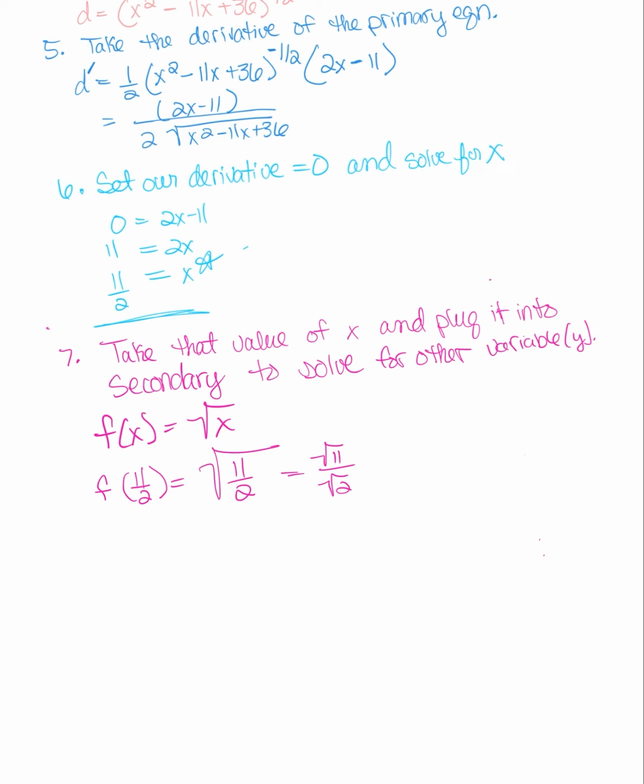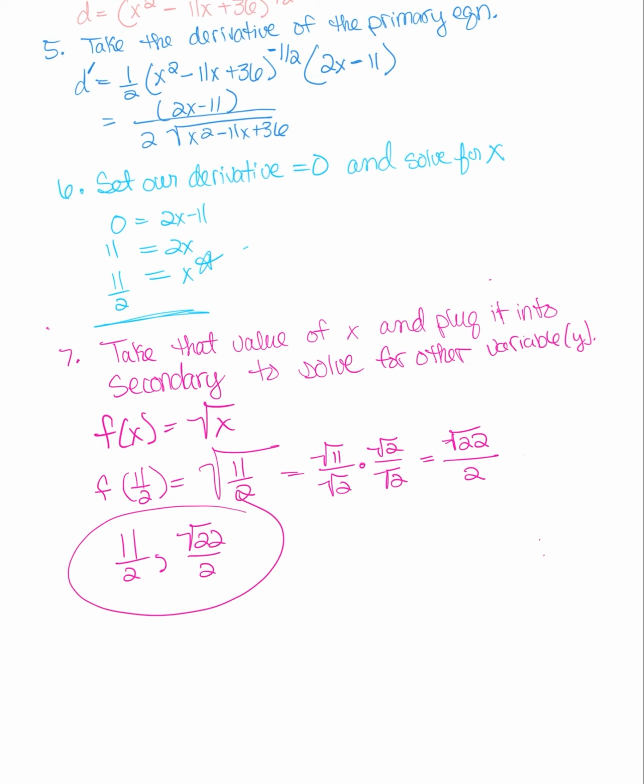But you can rationalize this by just saying square root of 2 over square root of 2, which is the same as multiplying by 1, so it doesn't change anything, just makes someone else happy. And then you have square root of 22 over 2. So our dimensions then, here our answer is that our point is 11 over 2, square root of 22 over 2.